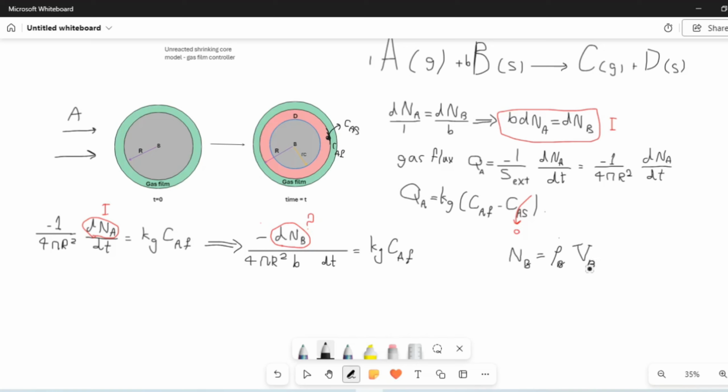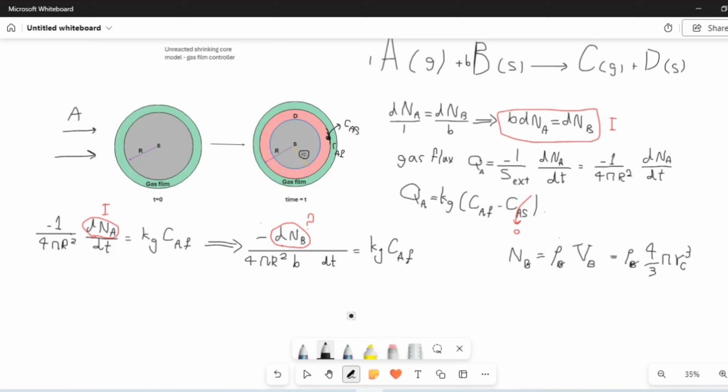And besides that, we know the volume of solid B can be expressed as 4 over 3 multiplied by pi rc cubed, because it explains the radius of the remaining B. Pay attention that rc changes during the time.